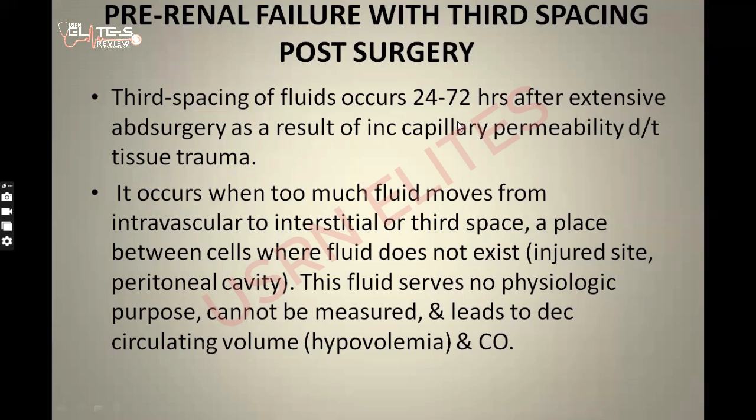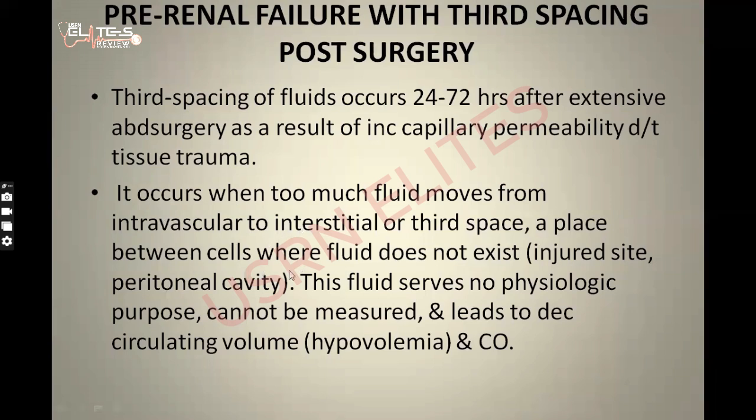So whenever tissues are messed up, especially in situations like abdominal surgery, what we are saying on this slide is that you increase capillary permeability. And it occurs when too much fluid moves from the intravascular space to the interstitial or third space.